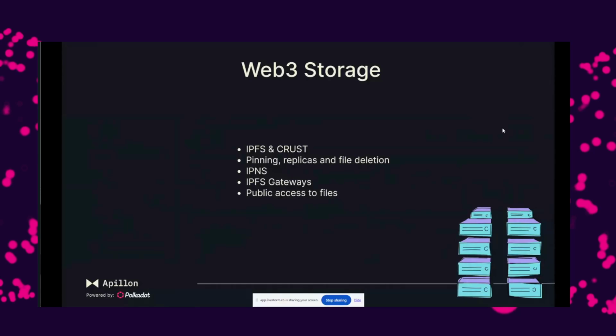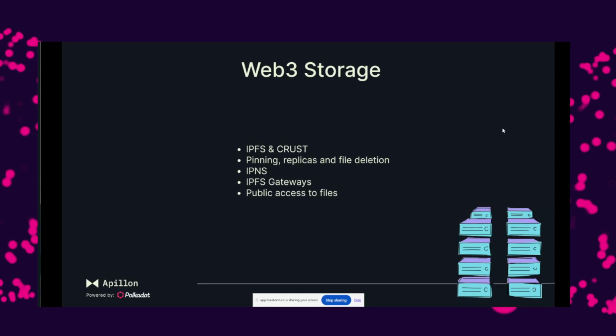So let's say I drag and drop a single image or a logo. Crust will typically create between 15 and 20 replicas. And if one of those nodes drops, Crust will just spin up another replica. So there is a guarantee that this file will be accessible at all times.